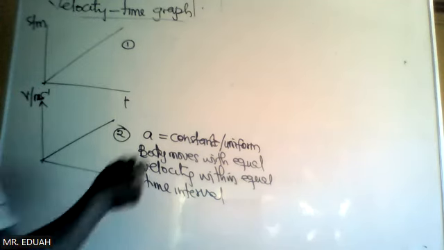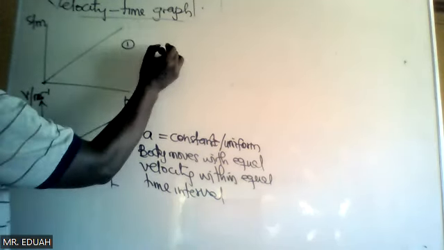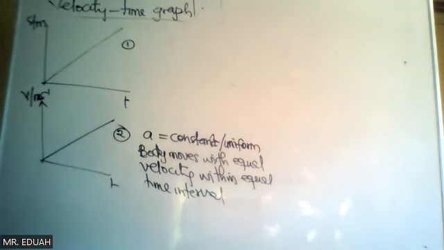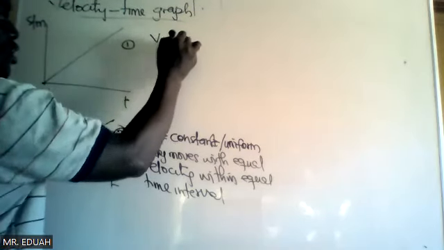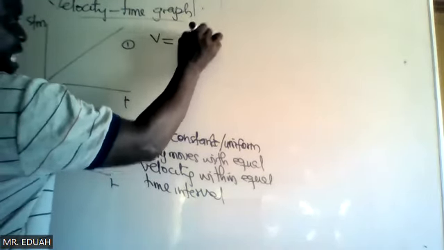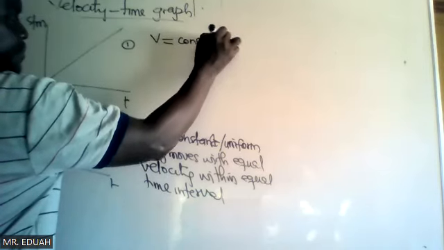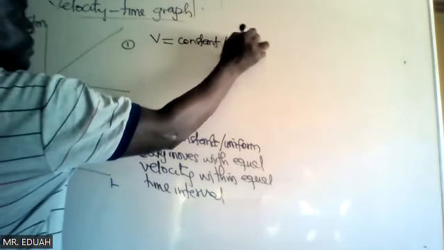Now over here, in one, is the body in motion? Yes, sir. Okay, so V is also constant or uniform.